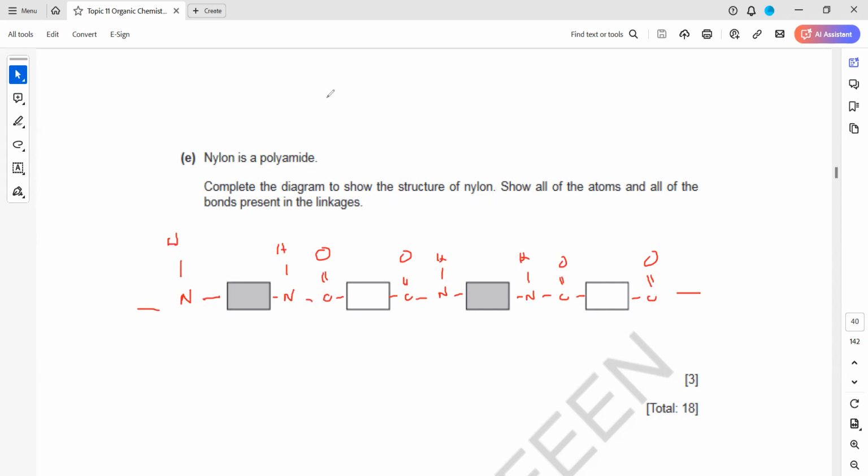If the question was to draw the structure of an ester or PET or polyester, then one molecule has carboxylic groups on both sides, and the other molecule has OH on both sides, meaning oxygen will be there, and then we link them together. Because the question was about nylon, in nylon a diamine reacts with a dicarboxylic acid. So one molecule has amine groups, another molecule has acid groups.